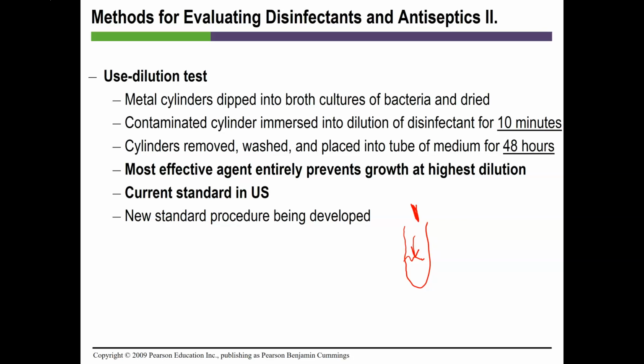Then they take the cylinders out and they let the bacteria dry on those cylinders. The bacteria on the cylinders are some culture of interest. Maybe you want the disinfectant to kill Staphylococcus aureus. That causes MRSA. You coat your pins with the bacteria of interest, then you take those pins and put them in a dilution of your test substance.